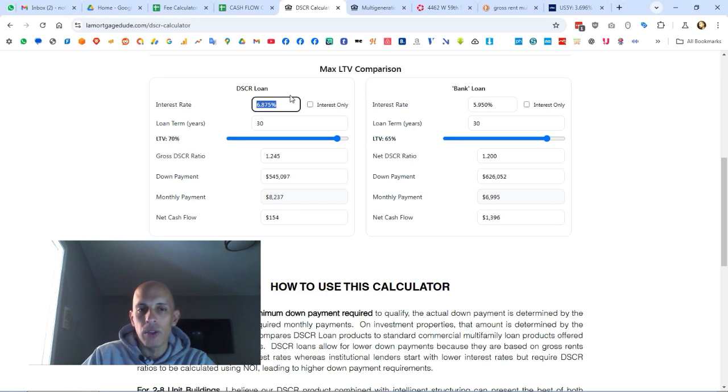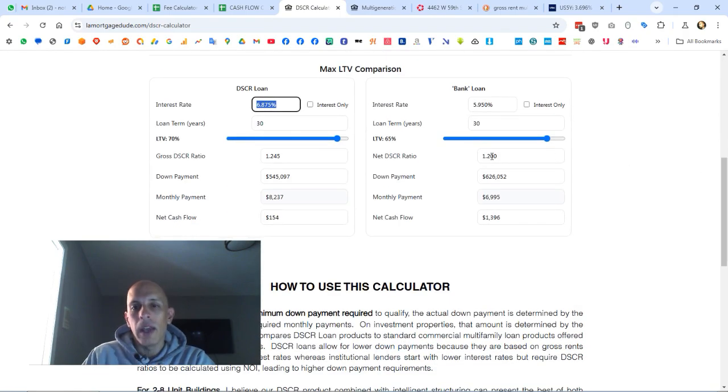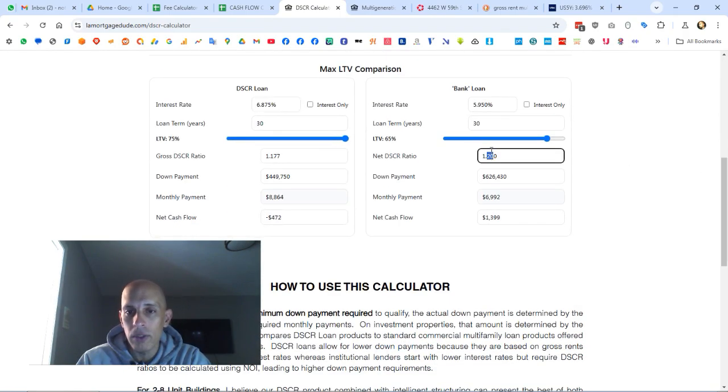So let's see what we can do with the bank loan, because we are in a position where this is 100% occupied and it makes no sense to do anything else. But the good news is that the minimum down payment here would be around 25%, just because of the 1.15 DSCR ratio requirement.